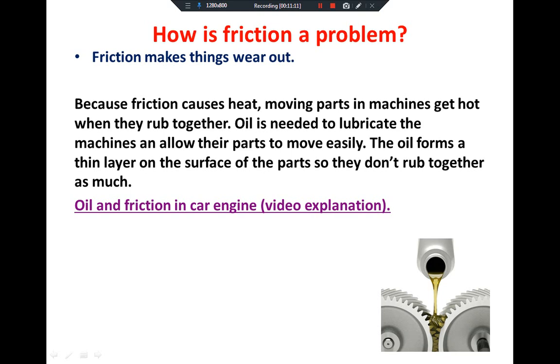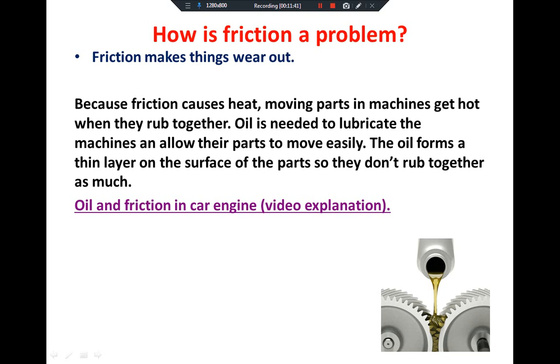In order for a particular engine to live longer and to work smoothly, we use oil so that it helps the parts move easily. So oil is needed to do what? To lubricate the machines and allow their parts to move easily.